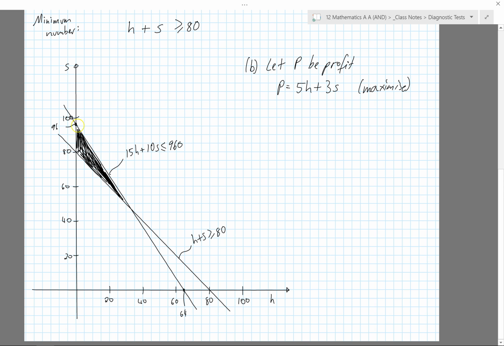Okay, so I'm going to be looking at these 2 points. Okay, the ones that are furthest away from the origin. So this point is 0, 100, and this point is, well, it's pretty hard to read off the graph. Apparently 32 and 48.